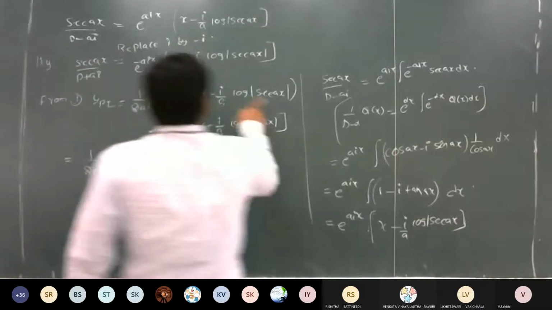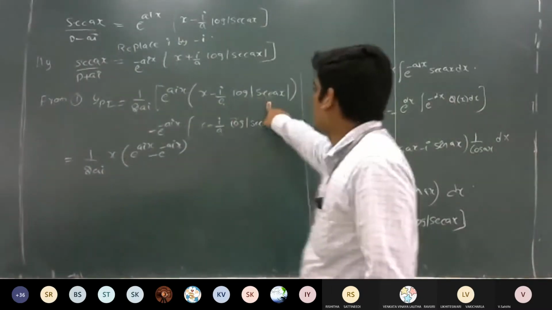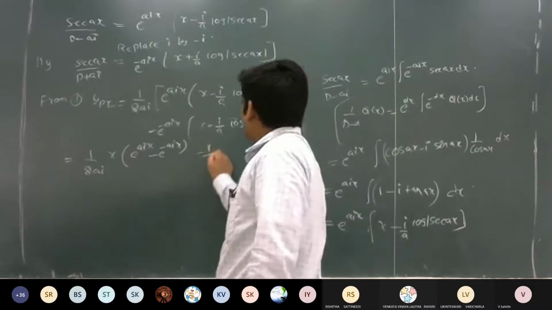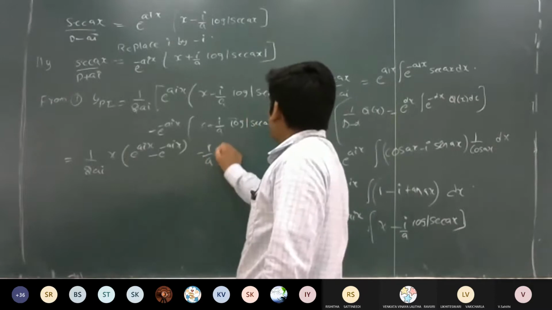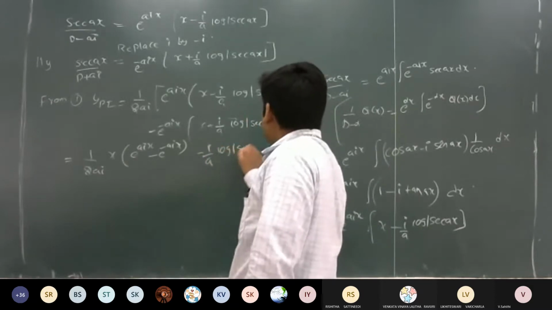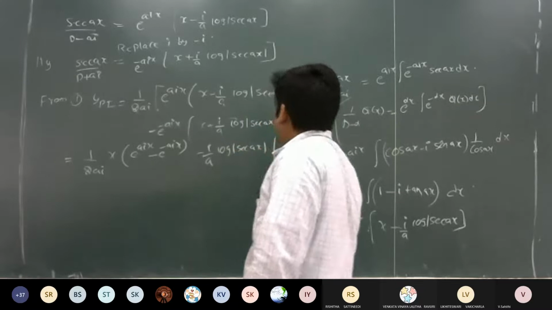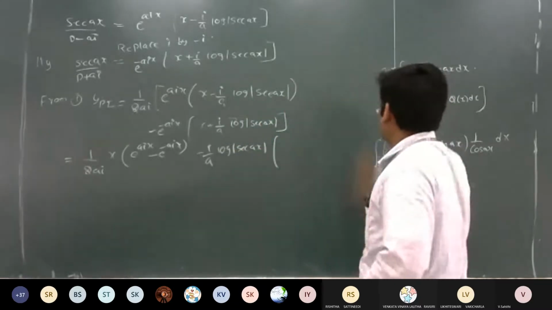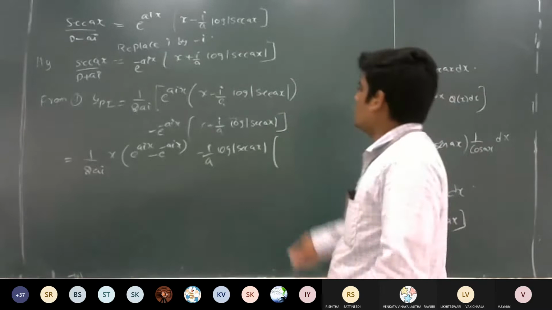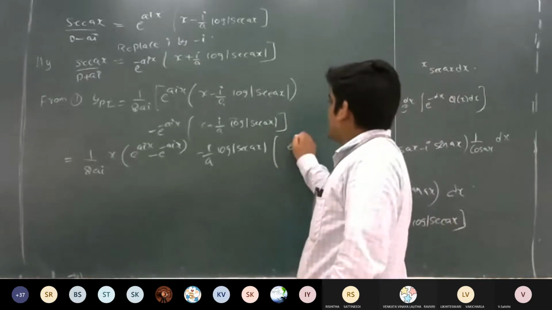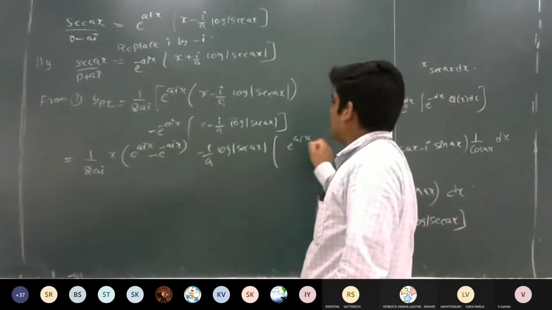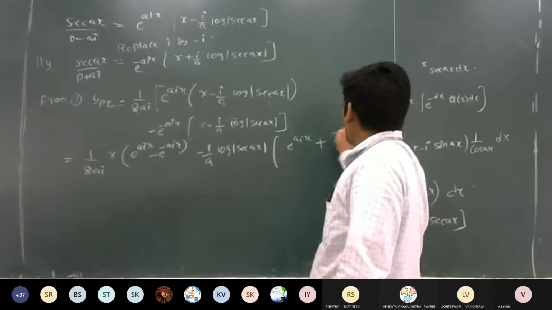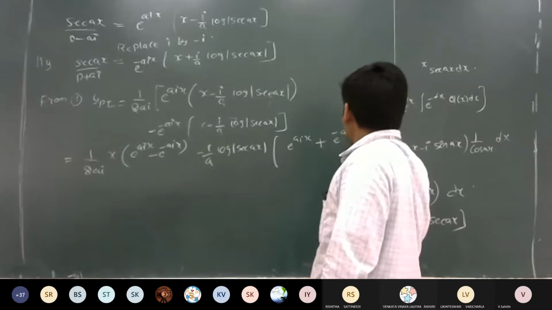Next, from these two steps, minus i by a, log of secant ax is common. So it is e power aix plus e power minus aix.